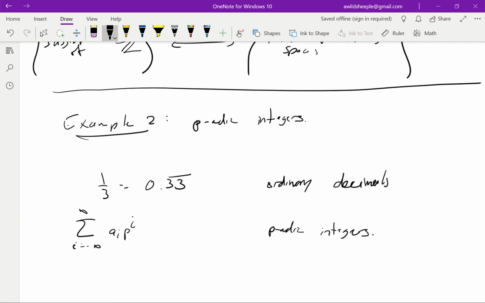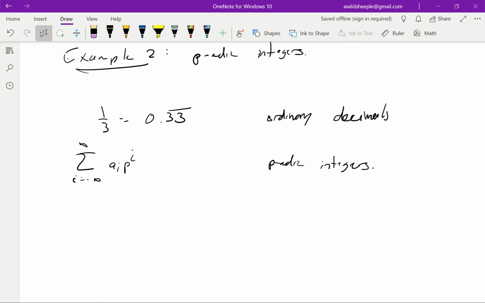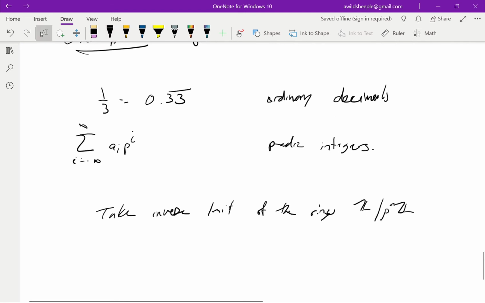So what we're going to do is take the inverse limit. Inverse limit? Yeah, inverse limit. Of the rings Z mod p^n Z with maps between them given by just taking the remainder.